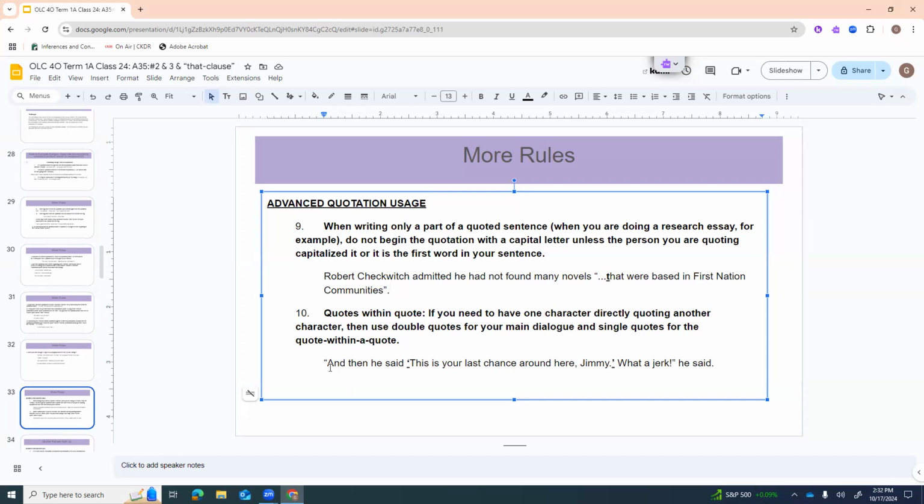So, double quotes, and then he said, single quote, "This is your last chance around here, Jimmy." "What a jerk," he said. So here I ended the first quote. That's him quoting what the guy said. And then this double quote ends what he is saying. Again, it's a bit tricky. I would say that if you're not sure you understand it, try to avoid using it.